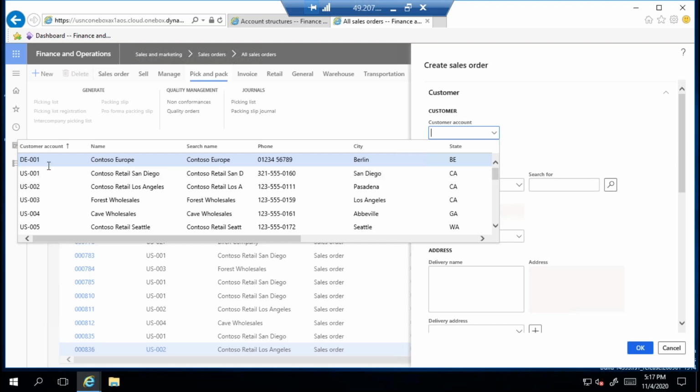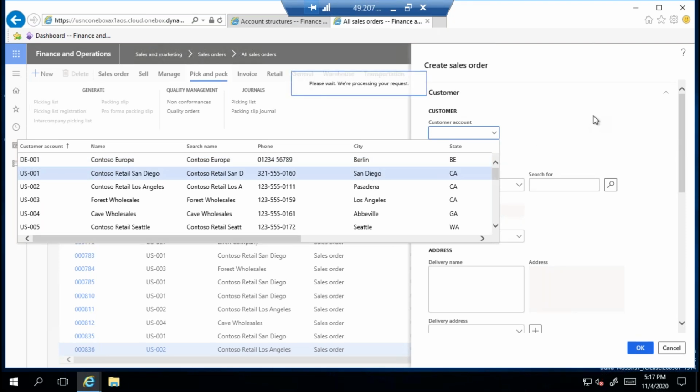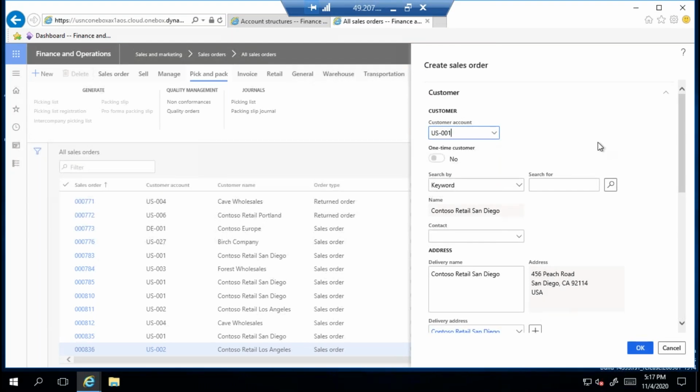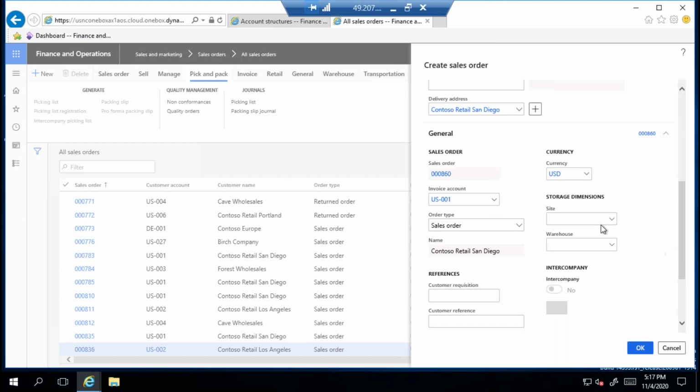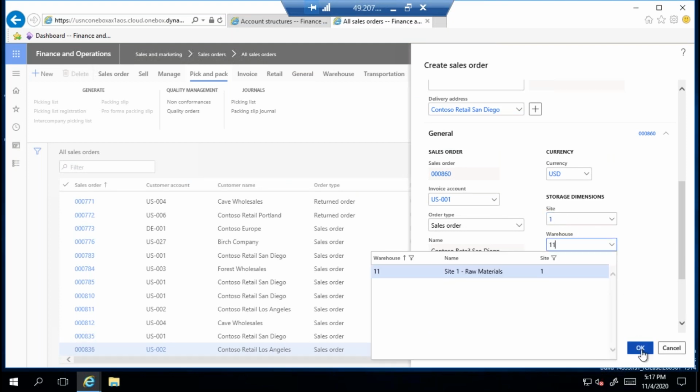Leave DE001 and select any customer next to ES001 while practicing. Here the site and warehouse are there. You can select them here or later also.